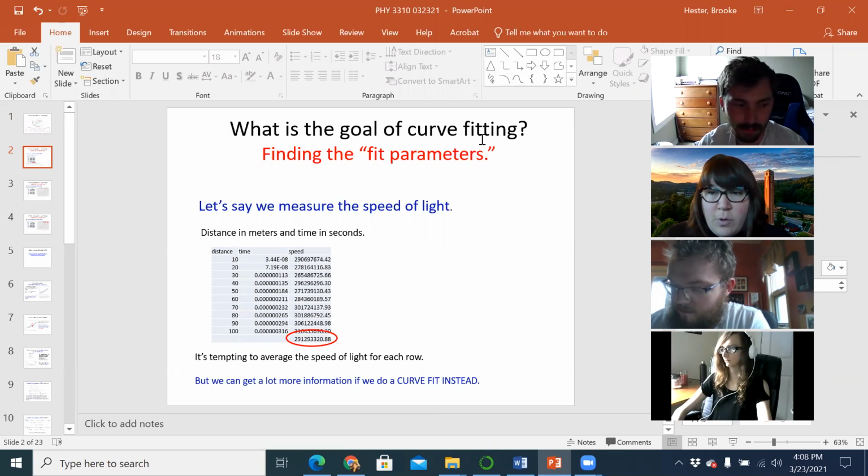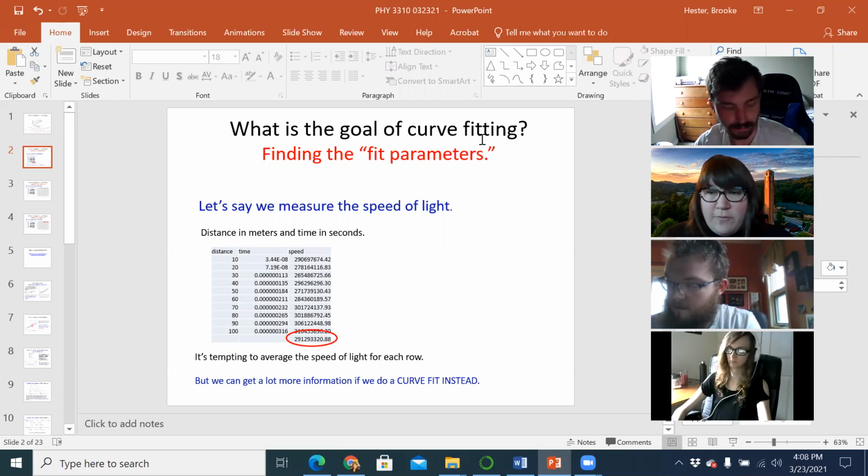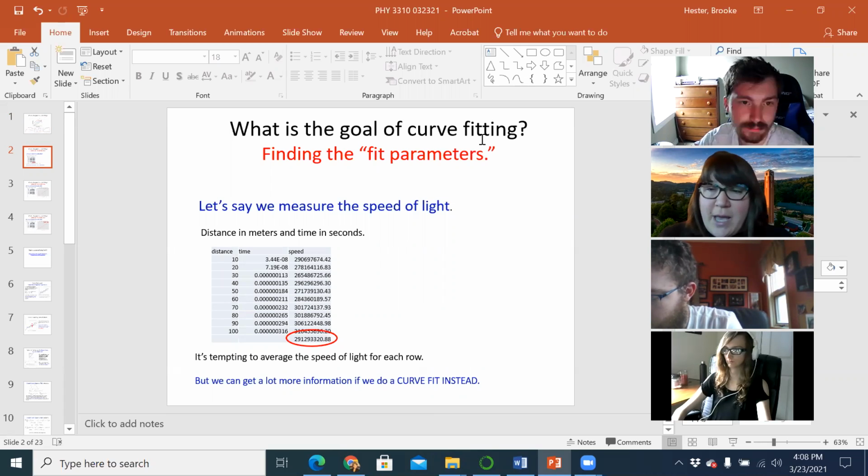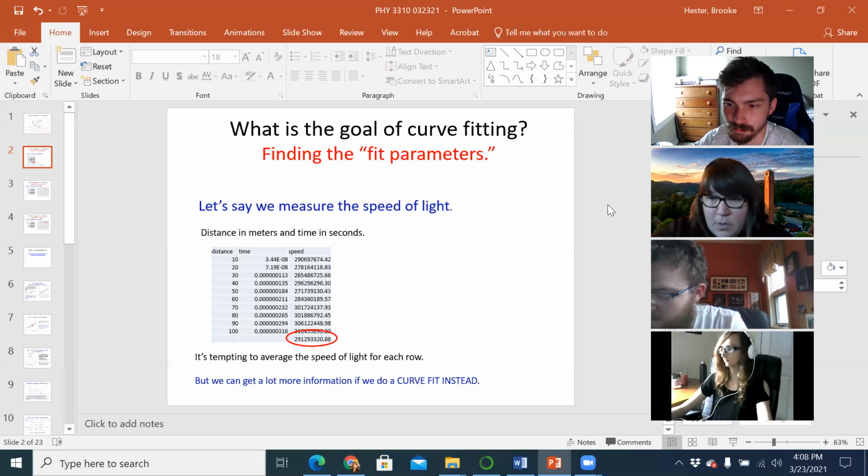So what we're trying to achieve when we do a curve fit, computationally, is to get these fit parameters out. Let me remind you what those are. I think you know what they are. You've done this in lab, but let's just go through this example anyway.